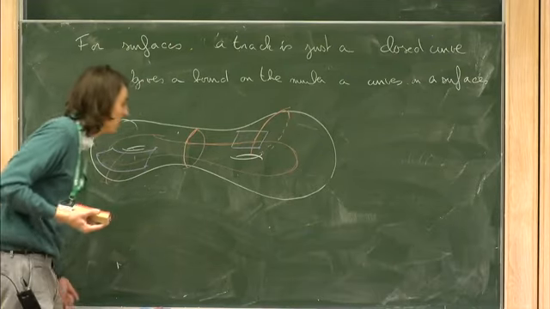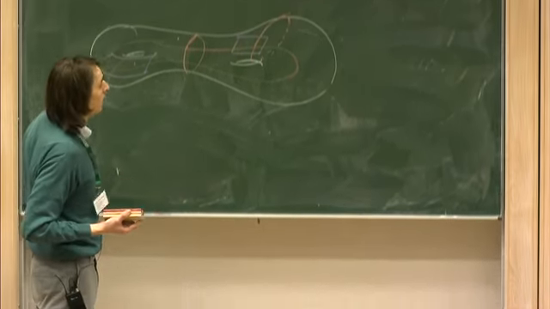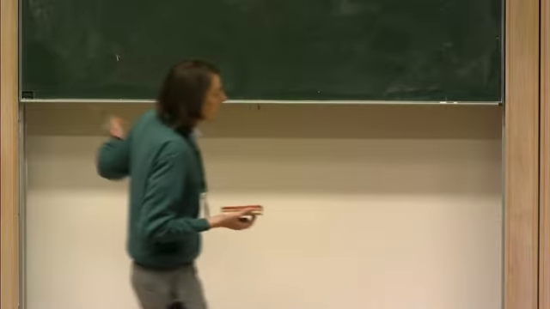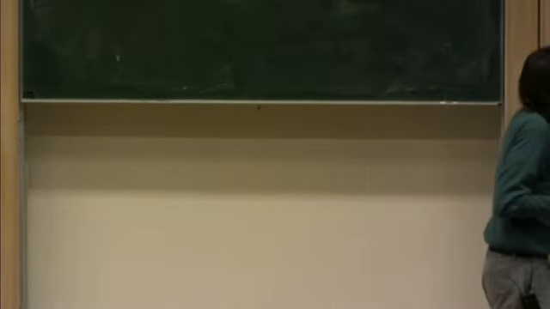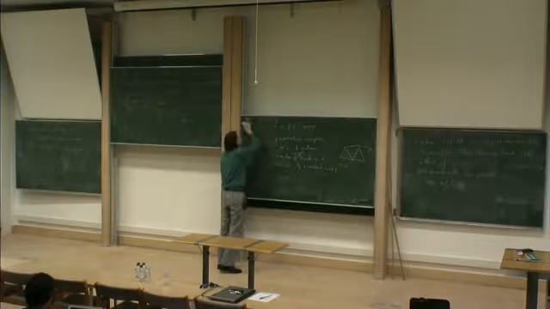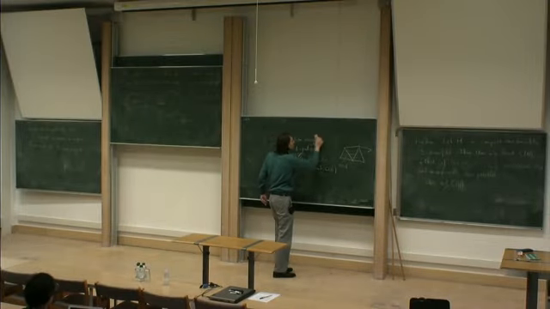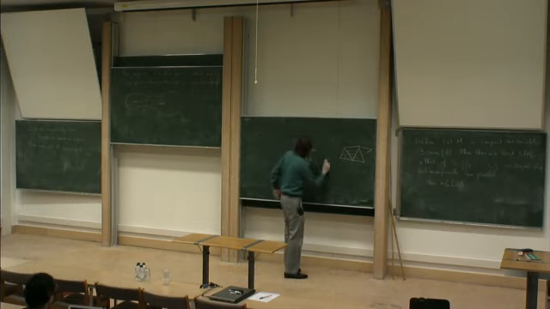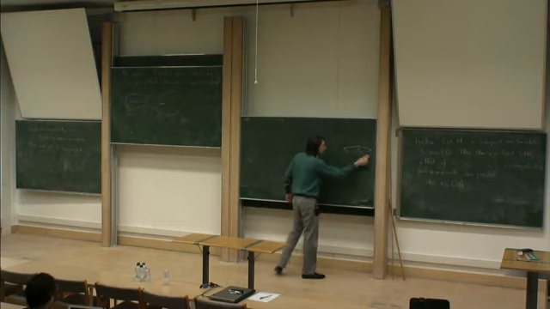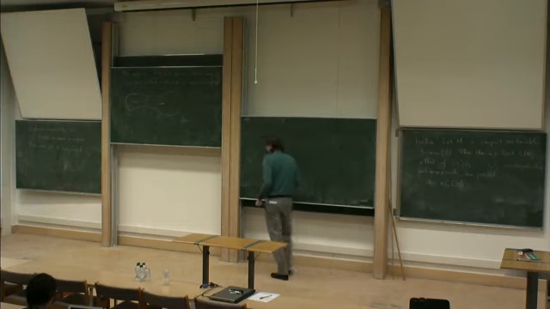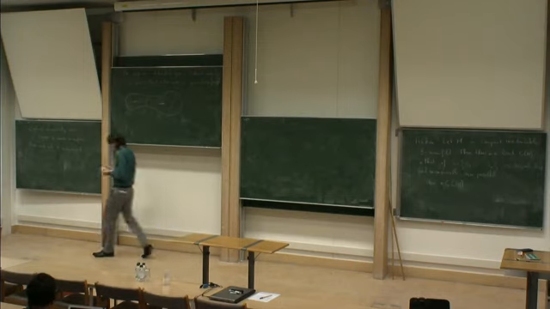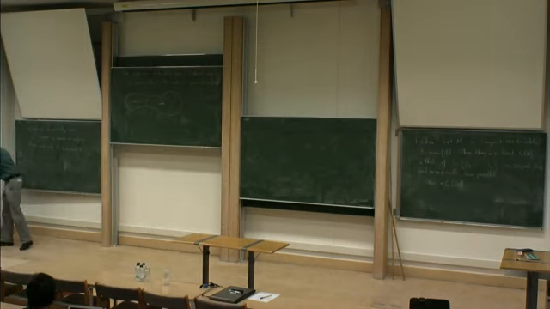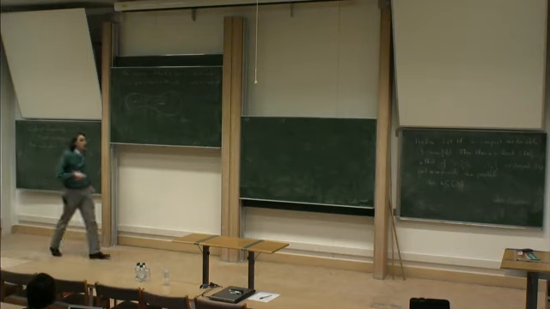So we have this way of getting a CAT(0) cube complex from a pattern. We actually have a way to go the other way around.